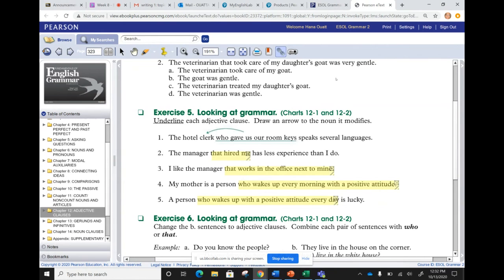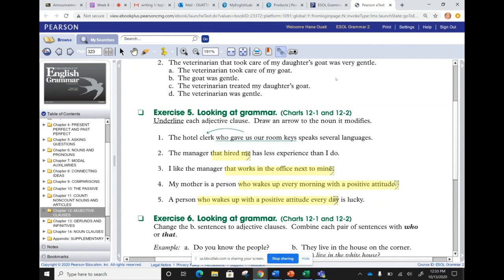Oh, you did the same thing. My mother is a person who wakes up every morning. Yeah, it's a custom, so it's every day. What you're saying is kind of true, it could be an adjective clause, but the meaning would be different.